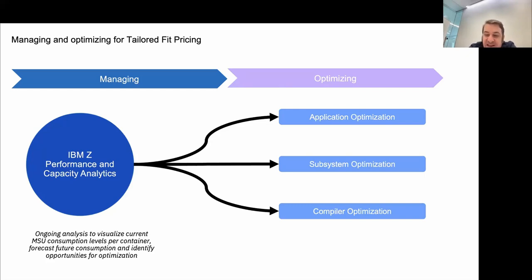If you recompile them with the latest compilers, that could bring down the number of MSUs the application uses. Or use something like the binary optimizer for certain workloads that are not being actively developed, in order to improve performance. There are a lot of options, but it all comes back to understanding the who and the what of how applications are running.